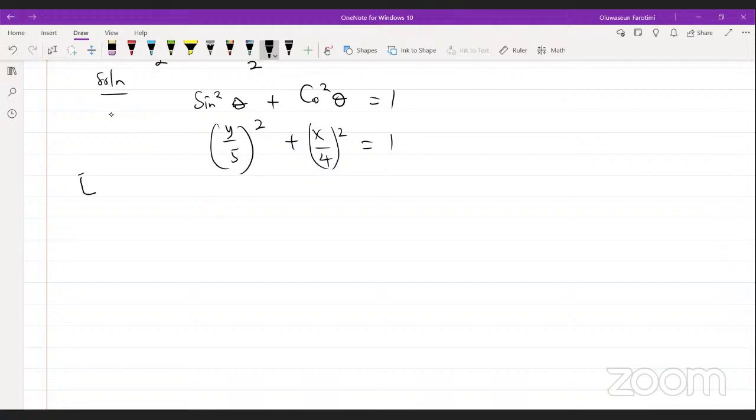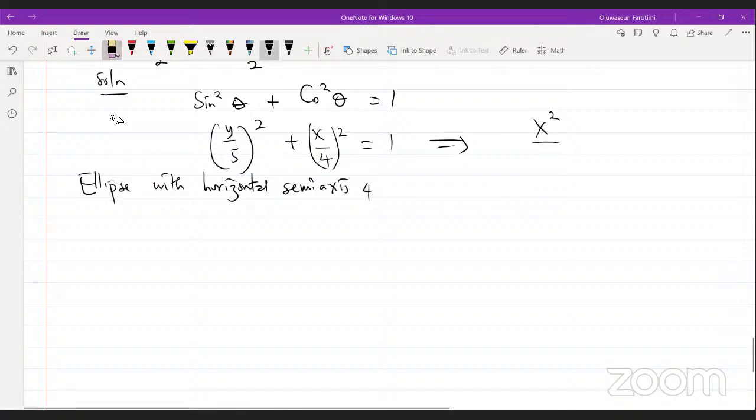Remember, this describes an ellipse with horizontal semi-axis 4. Of course, I can just write this as x squared over 16, or I can keep it in terms of the squares so that you can see the equation easily. So this is an ellipse with horizontal semi-axis 4 and vertical semi-axis 5.